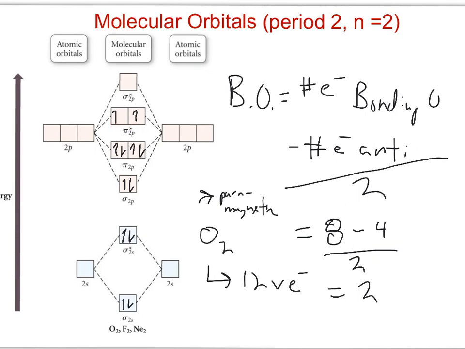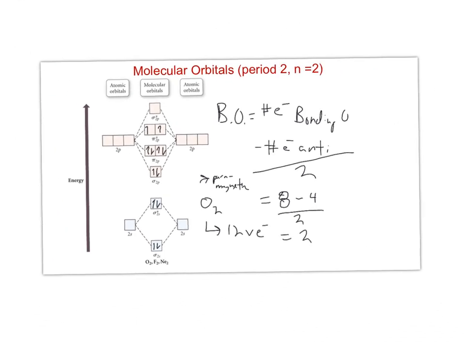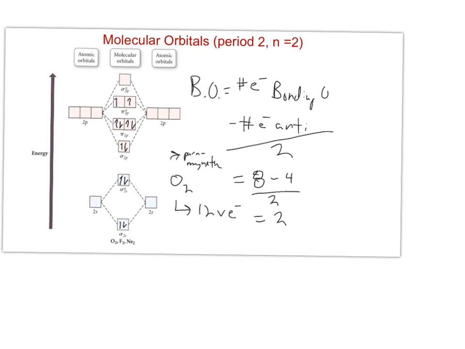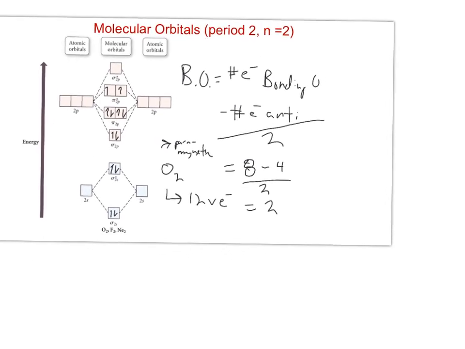Those unpaired electrons. Now, if you were to do the bond order of Ne2, that hypothetical molecule would have 16 valence electrons.